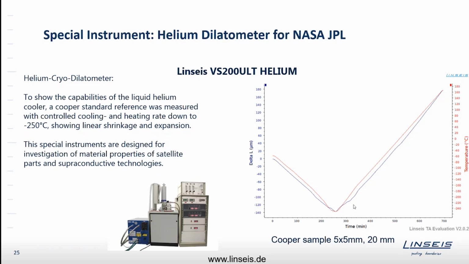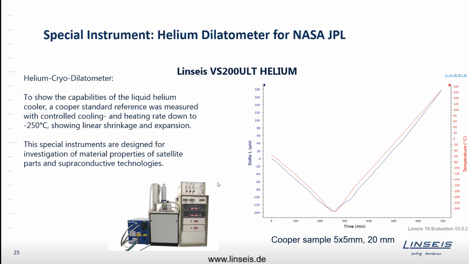What's interesting is that very close to absolute zero, a lot of metals, and also this copper sample, show some non-linear shrinkage and non-linear expansion effects occurring in the very low temperature range, and that's the reason why people are investigating that range.